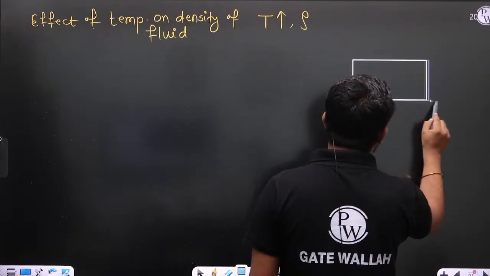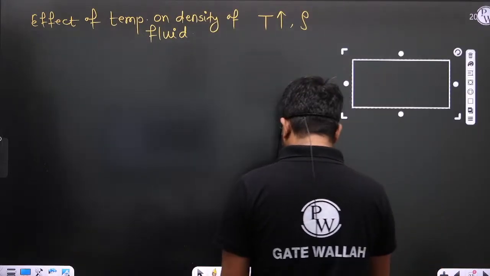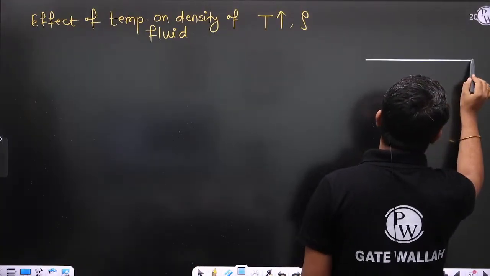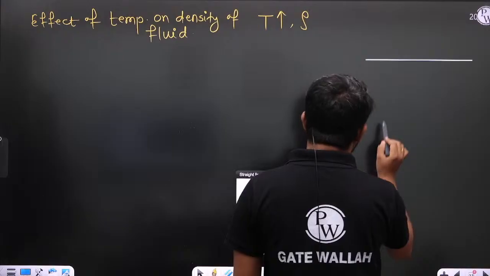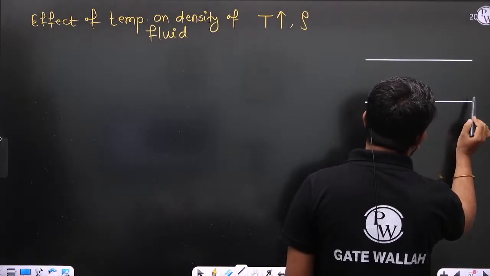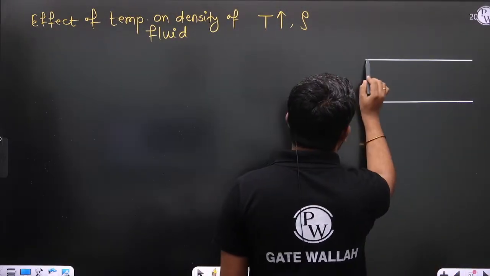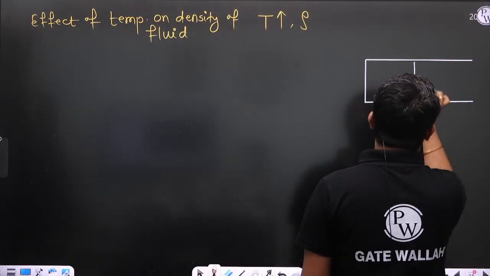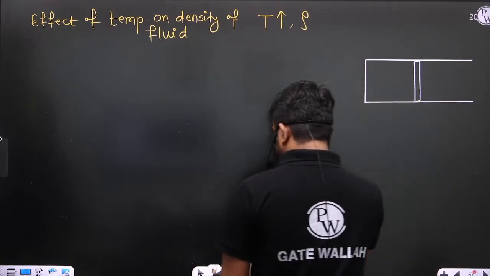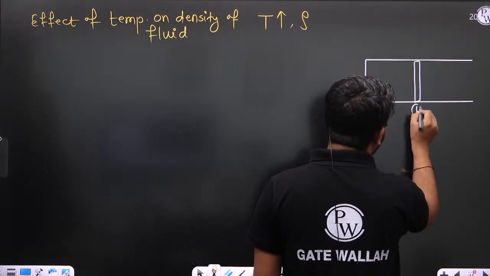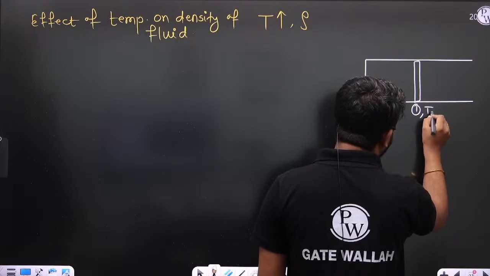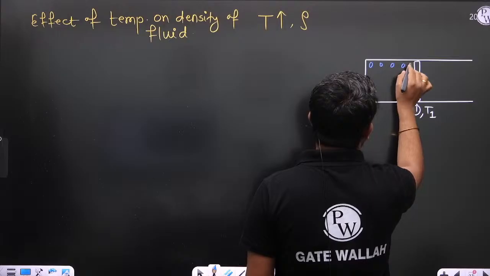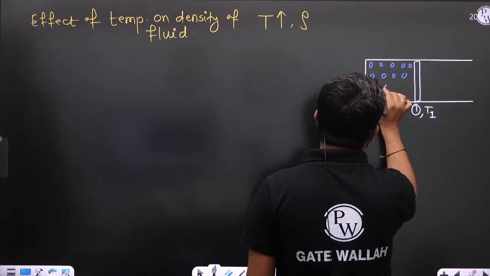See here. Again I am considering a piston cylinder arrangement. Okay, so this is the cylinder, this is the piston, right? This is state number 1. At state number 1, let us consider the temperature of the fluid particles is T1.